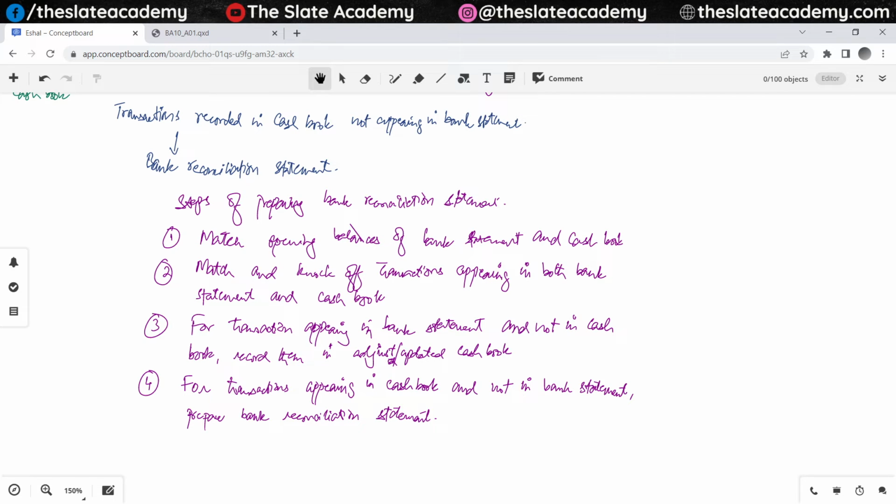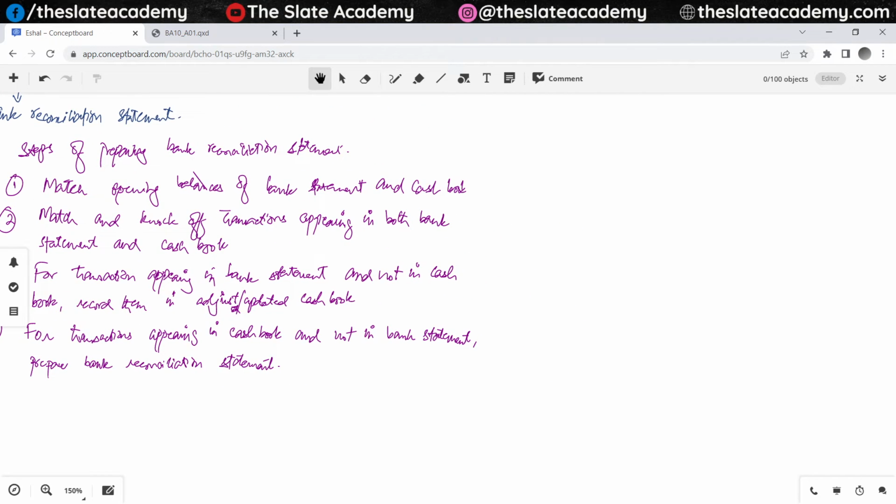Now there would be two formats of bank reconciliation statement. They aren't really two formats. One way to prepare the bank reconciliation statement is obviously we'll have the heading bank reconciliation statement.